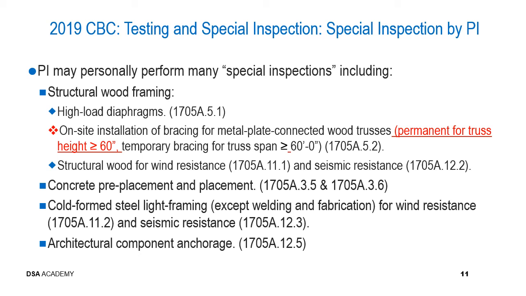So the project inspector has been performing these inspections. It's kind of been traditional practice. They're now considered to be special inspections, but DSA didn't change the way that they're done and require special inspections.